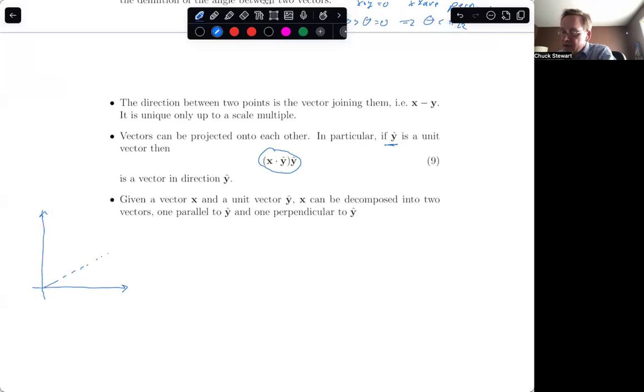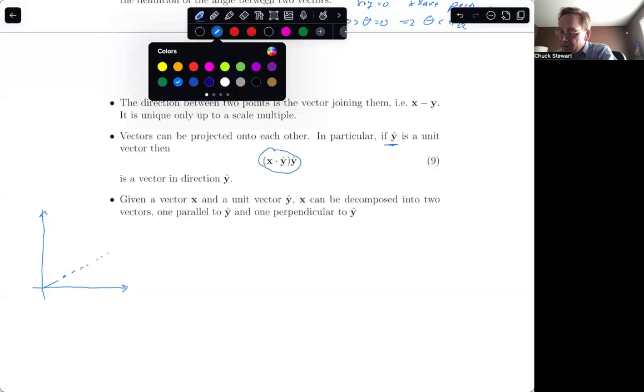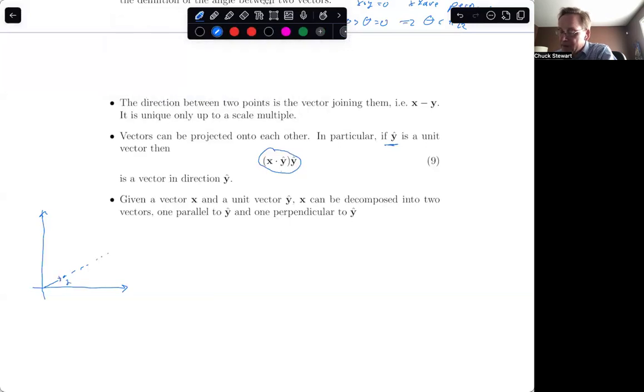So this is direction y hat. Let me write that a little more clearly. It's not much more clearly, but there it is.